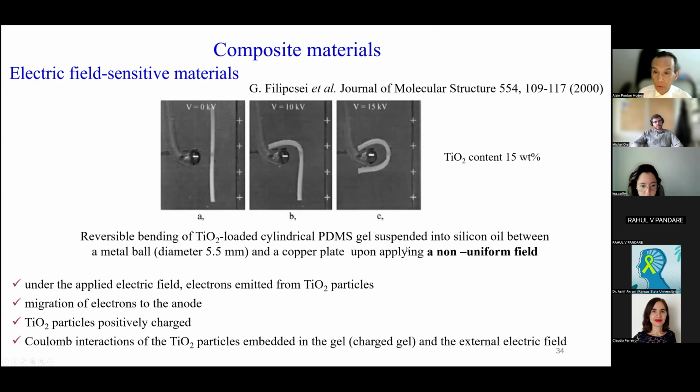And in case of non-homogeneous magnetic field, you can also observe a bending of the polymer. So with this example, you can see that you can modulate the property of a composite by applying a magnetic field or electrical field.